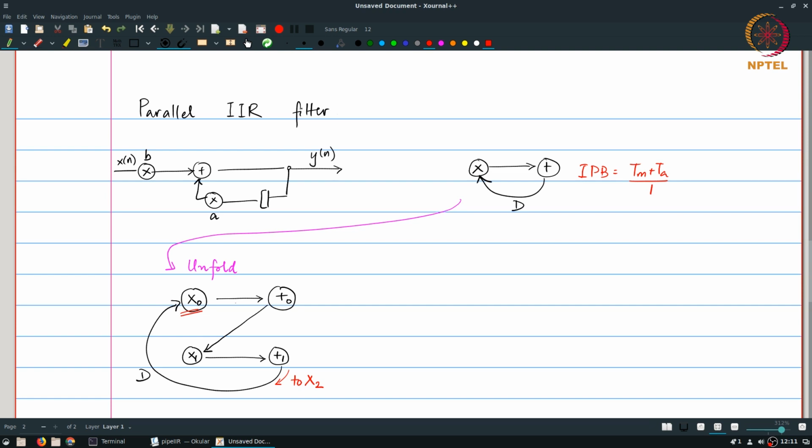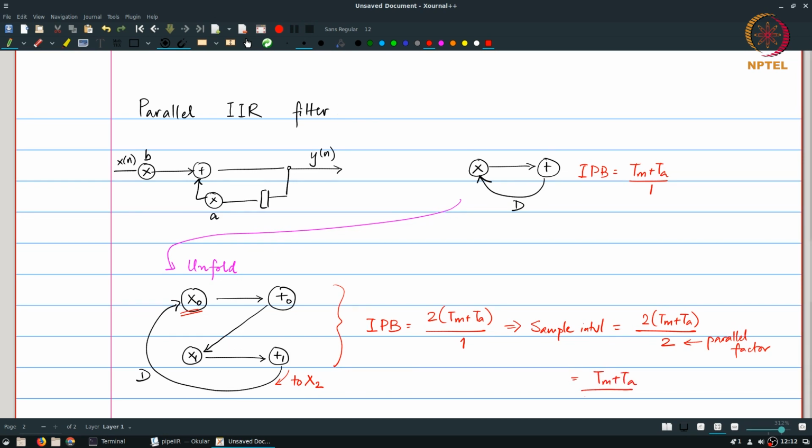Now what does this mean? The resulting graph that we have over here has an iteration period bound of 2 times (Tm + Ta) divided by 1, which basically means that the best sample interval that we can get is equal to 2 times (Tm + Ta) divided by the parallel factor, which is equal to Tm + Ta.